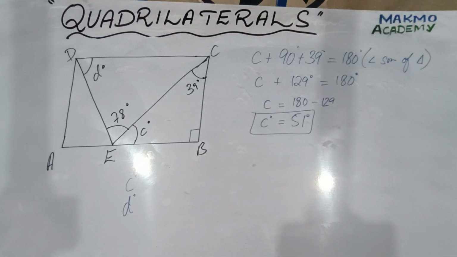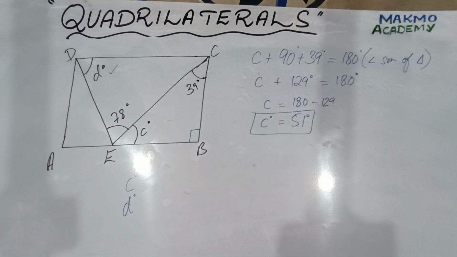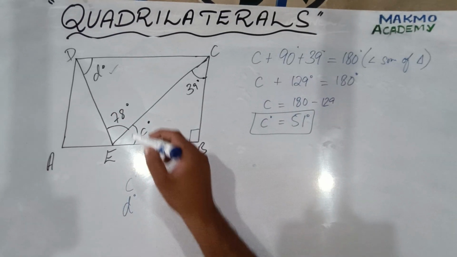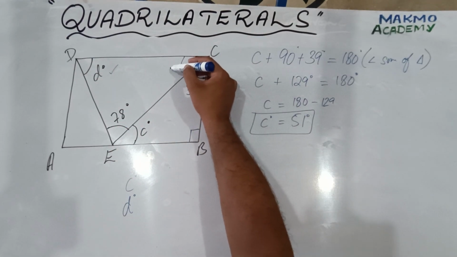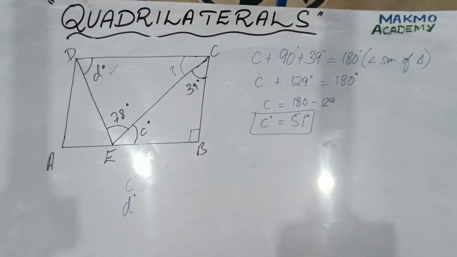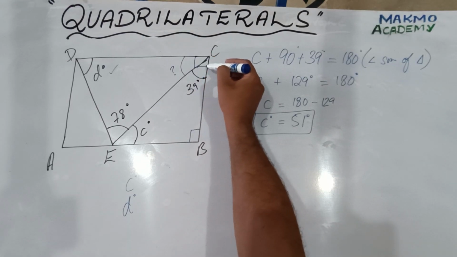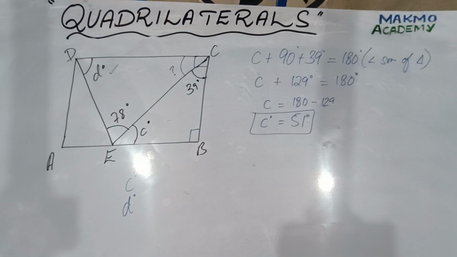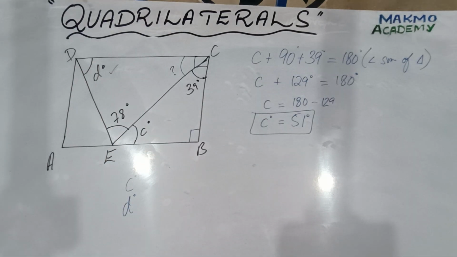Now we need to find the size of angle D. To find angle D, we need this angle plus 78, but this angle is not given. We can find this angle by subtracting 39 from 90. This is one way. Is there any other way?